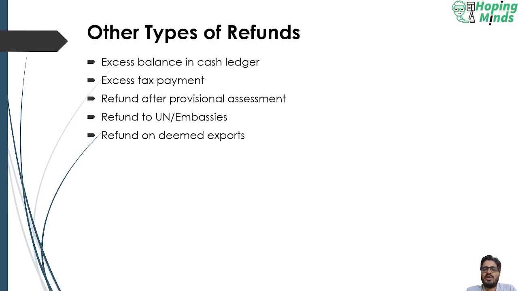Then refund on account of finalization of provisional assessment, where the tax was paid provisionally but on the final assessment outcome, the liability is lesser than what it was assessed. Then refund to UN bodies, embassies and notified persons. Special entities can claim GST refund on the inward supplies. And finally, the refund on deemed export. The supplier or recipient of deemed export can claim refund of taxes paid.